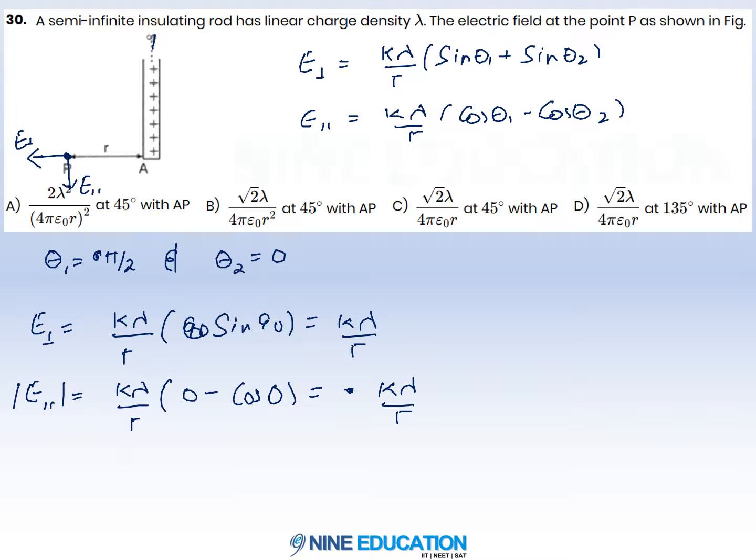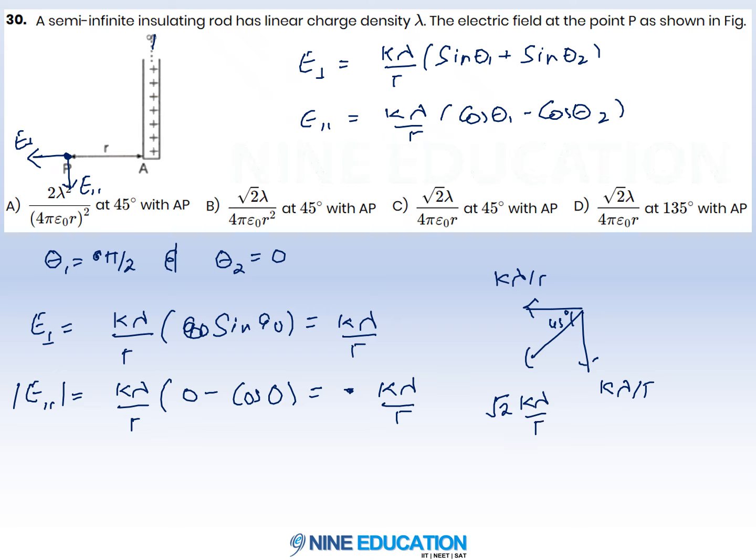So now how to add two vectors, one component k lambda by r, the second component k lambda by r. By the vector law of addition, two vectors of the same magnitude but perpendicular to each other have a resultant at 45 degrees from each vector, and its magnitude is root 2 k lambda by r.